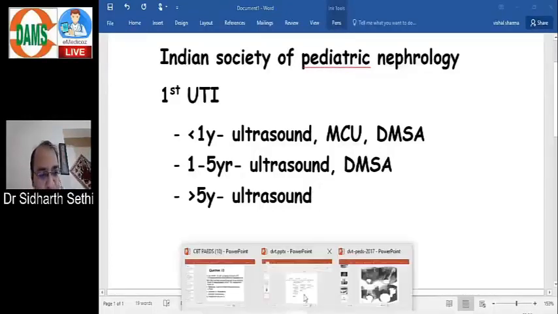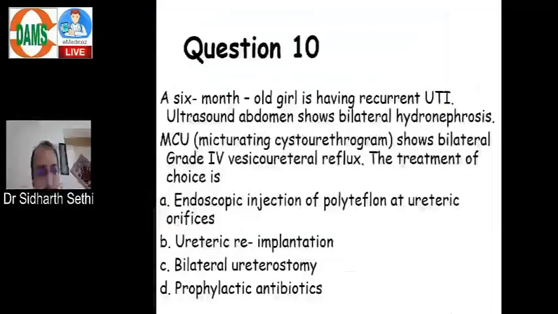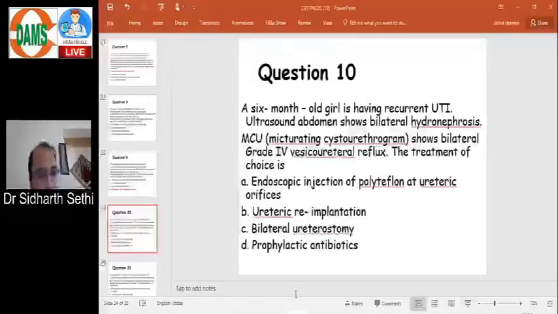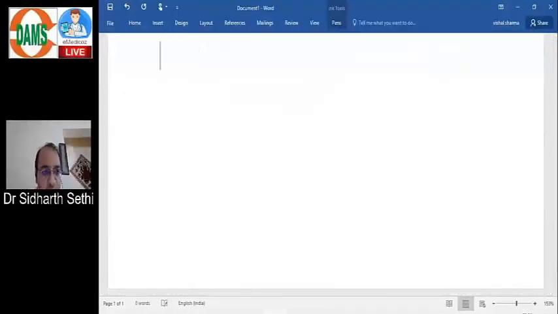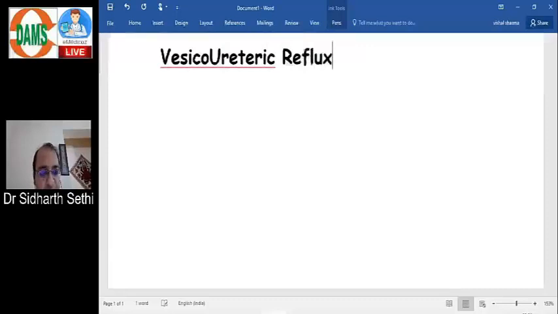Coming back to your question, what will we do? Before going on to this question, remember just 2 points about vesico-ureteric reflux. First, less than 1 year, any grade of VUR resolves.